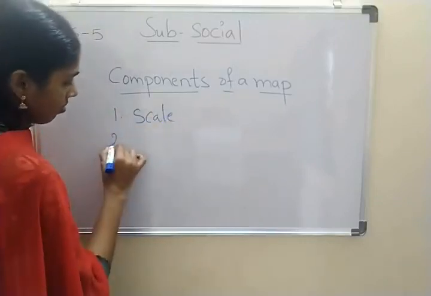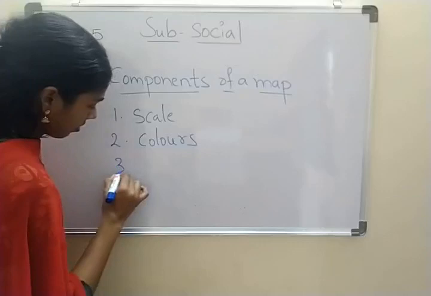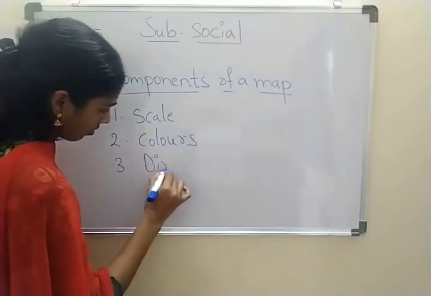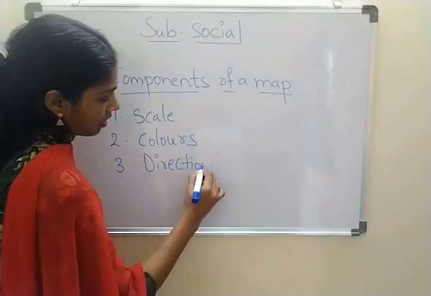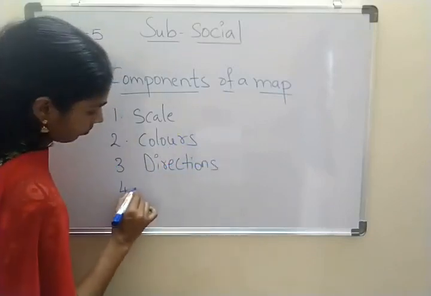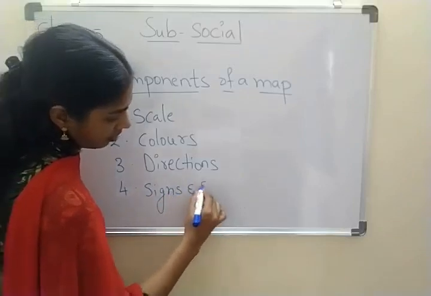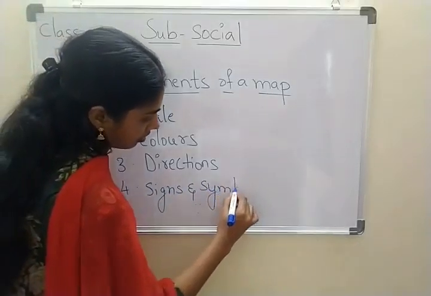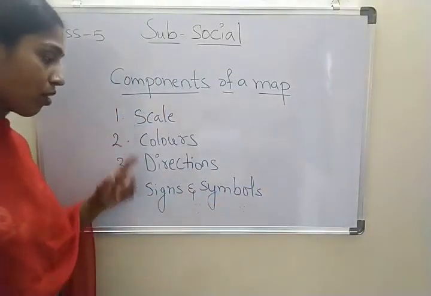Scale, colors, directions, signs and symbols. Okay, what are the components of a map?